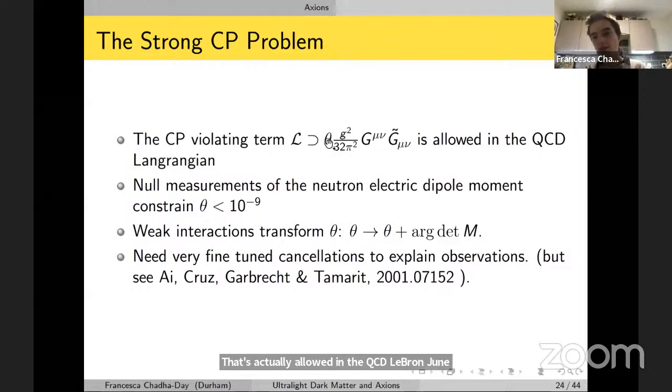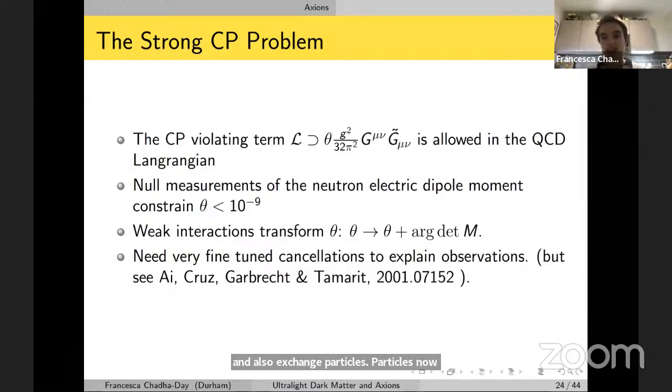So in this term, theta is a constant. This g squared over 32 pi squared is just some more constants. G is the gluon field strength tensor, and G tilde is its dual. So this is a term just involving the gluons that actually violates charge parity symmetry, which is when we do a mirror image of space and also exchange particles and antiparticles.